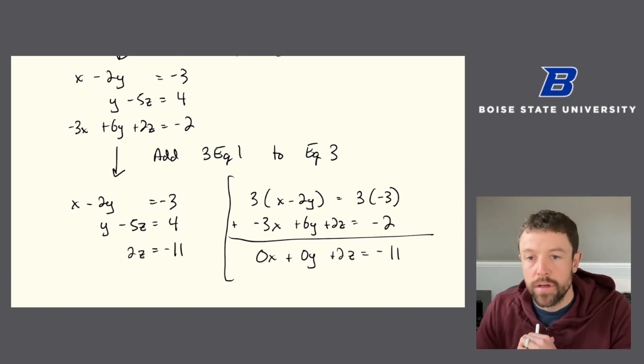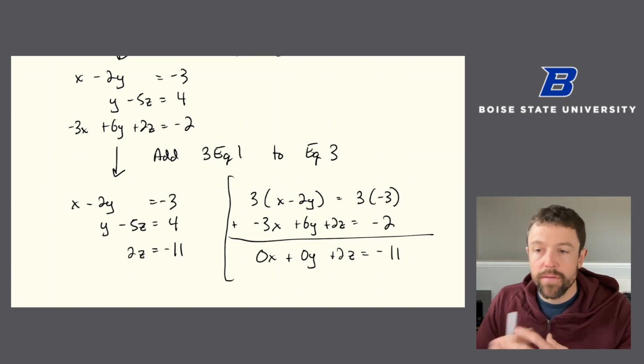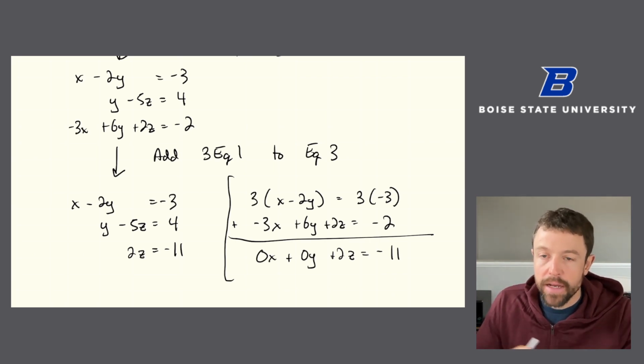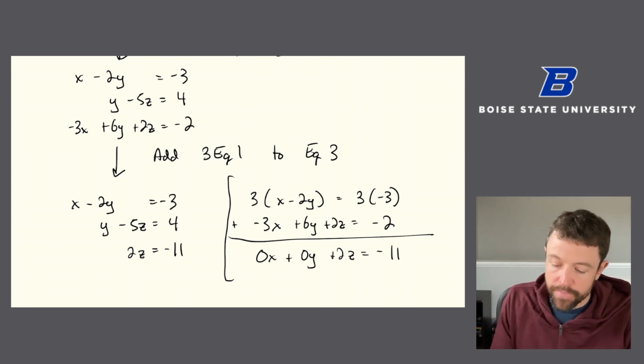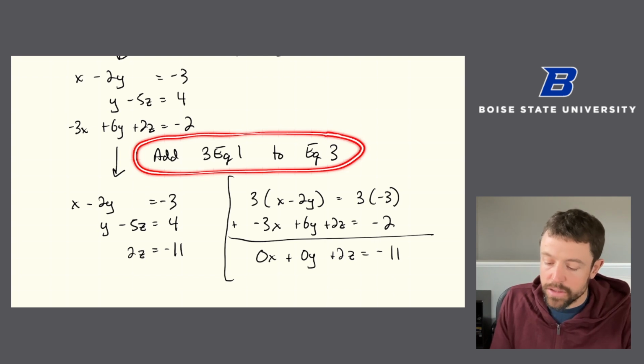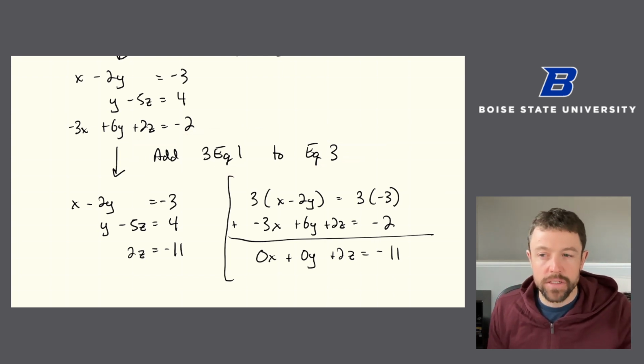Why is that true? Well, one way of thinking about it is that I can go back and forth between these. That is, in doing this, in adding equations to each other, I'm never really concerned about losing solutions.